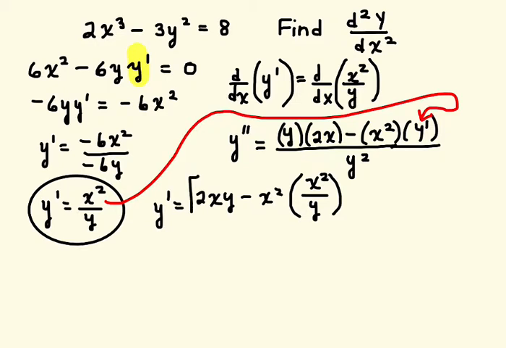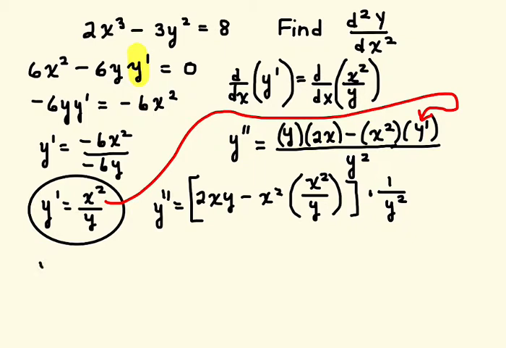And all of this is divided by y squared. And of course, a better way to write that is multiply by the reciprocal, right? So what I really should do here is make this multiply by 1 over y squared. Okay, that's the divide by y squared right there. So, this is y double prime.